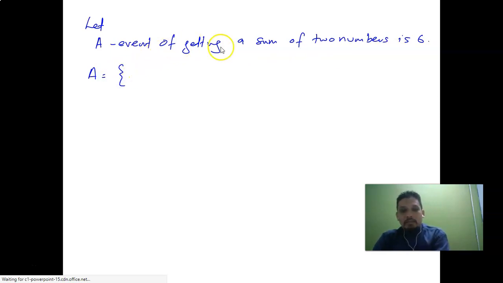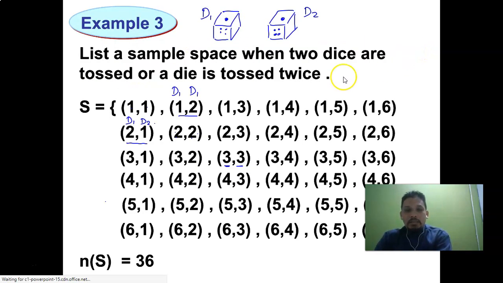So from the results of getting 6, look at this: 1 plus 5 equals 6, 2 plus 4 equals 6, 3 and 3 equals 6, 4 and 2, and 5 and 1.